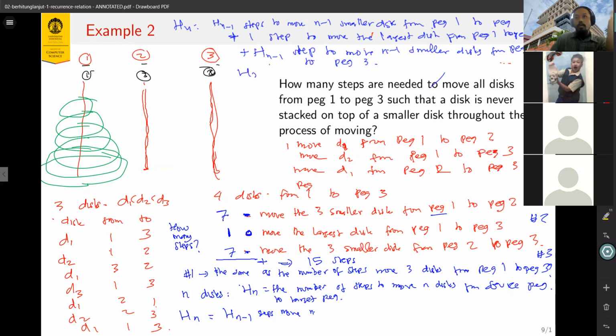So that means Hn is Hn minus 1 plus 1 plus Hn minus 1, which is 2 times Hn minus 1 plus 1.